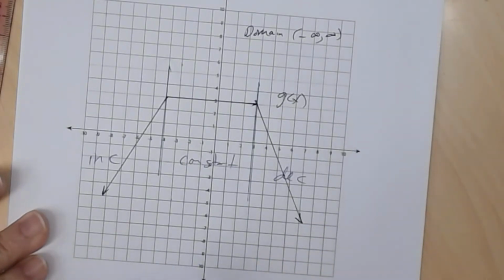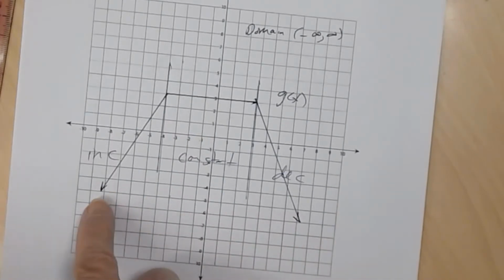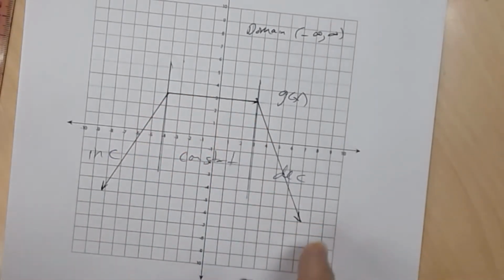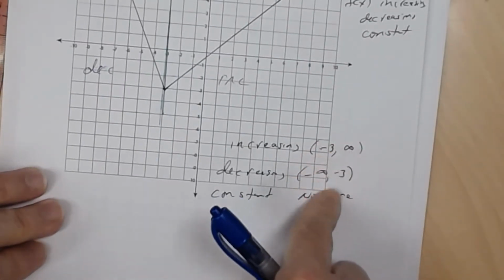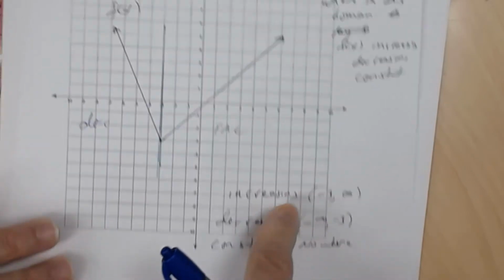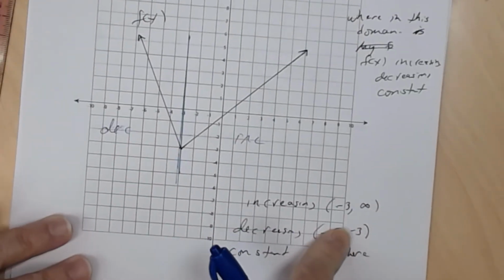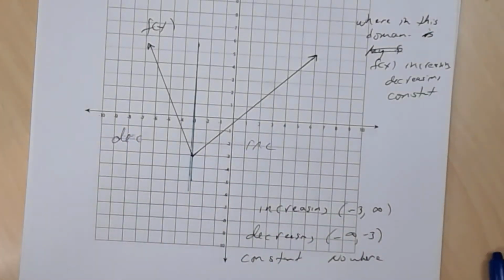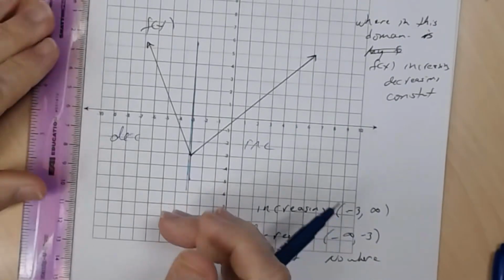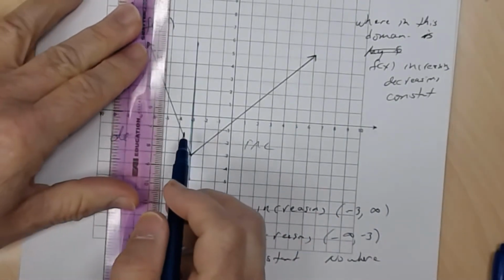Students, though, get confused as to what to put here. They can see it increases, constant, decreases. The problem is sometimes they have trouble writing the intervals. It might help if you do this also: the intervals that go here are the part of your domain that corresponds to it.